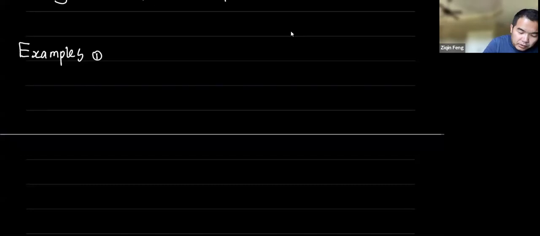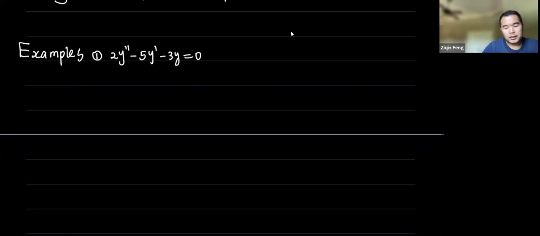We have 2y double prime minus 5y prime minus 3y equal to 0. So we just try our method on this differential equation. Let's go through the whole procedure here one more time.